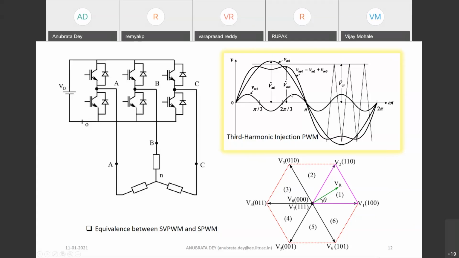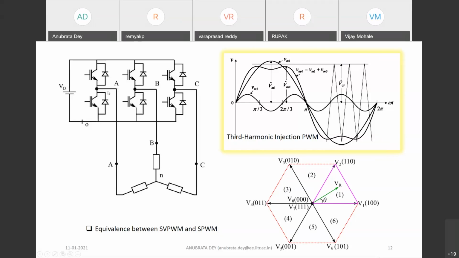That way you can get extra margin, or extra fundamental waveform, at the phase voltage or at the line to line voltage, not in the pole voltage.